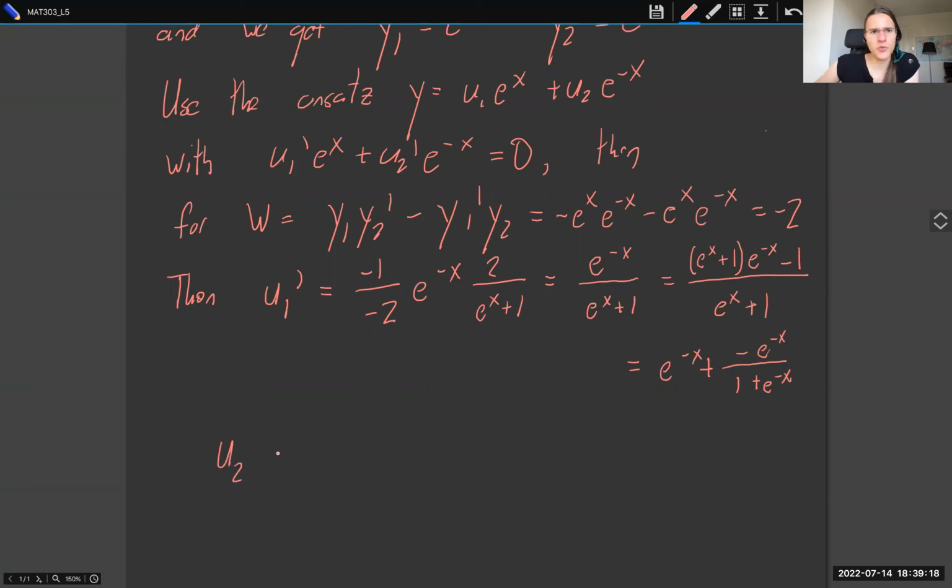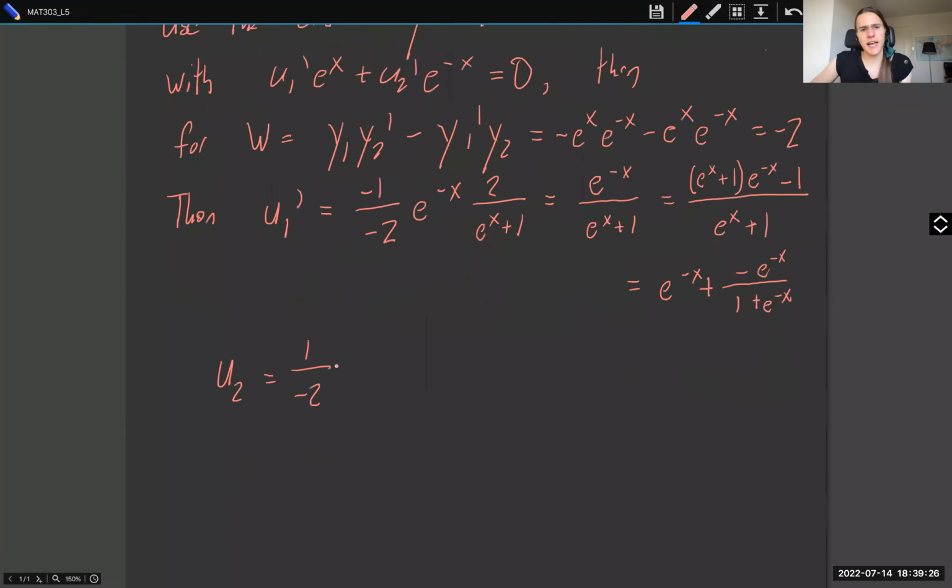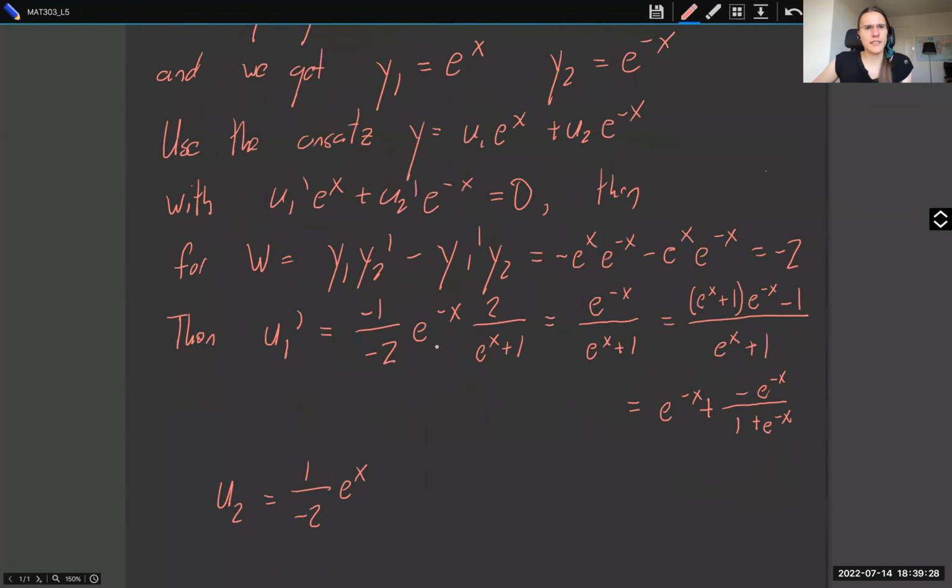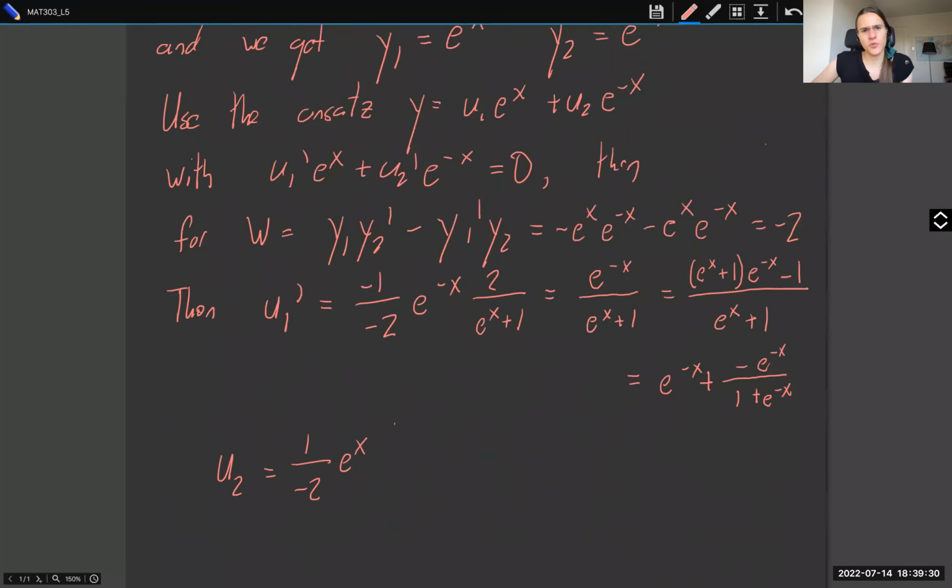And u2 is equal to 1 over the Wronskian times y1, which is e to the x, times this fraction, which is 2 over e to the x plus 1. So that's negative e to the x over, sorry, that's a plus 1.